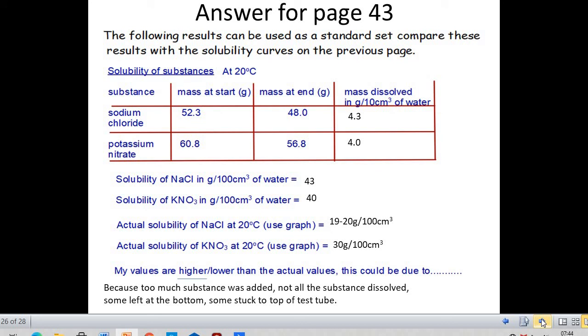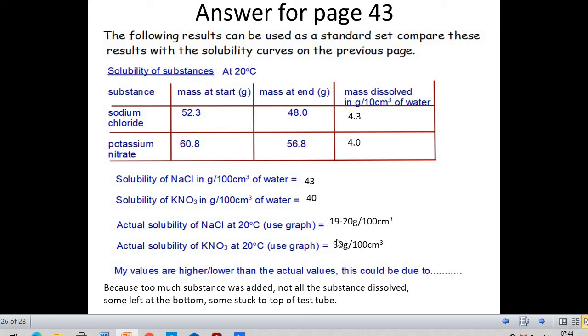Oh, look, I've even given you an answer for 20 degrees now, so at least you can see whether you're doing it right. So if you check your answers, these are your values, 4.3, 4.0, times them by 10, and then these values I've got from the graph.